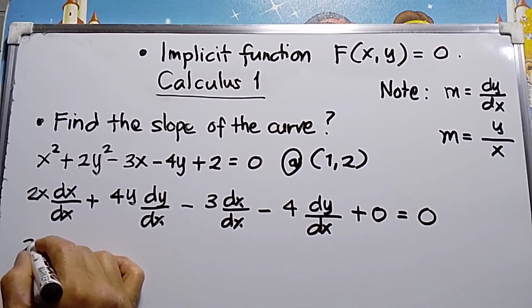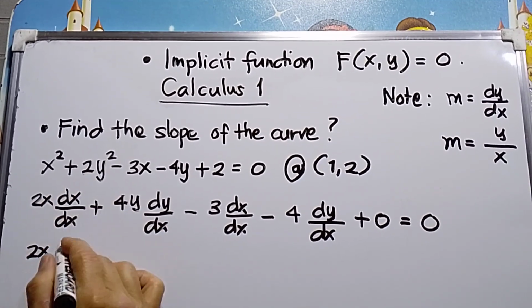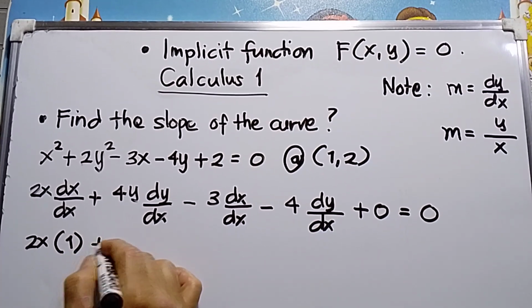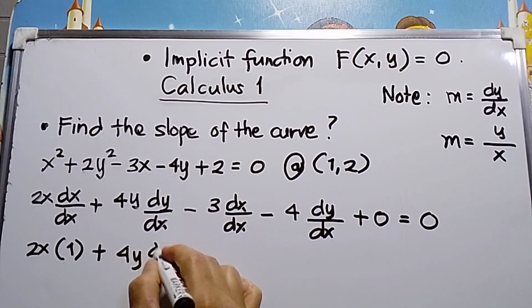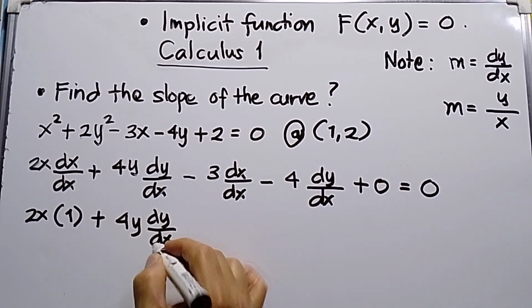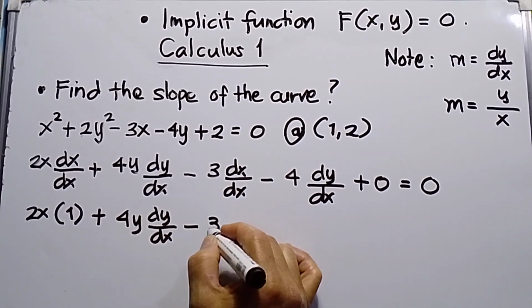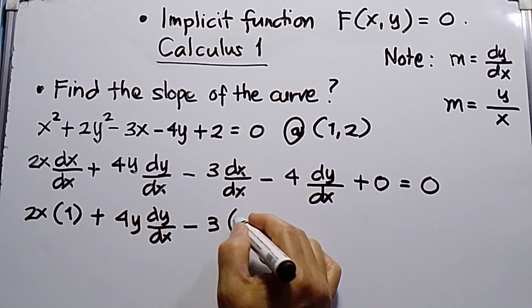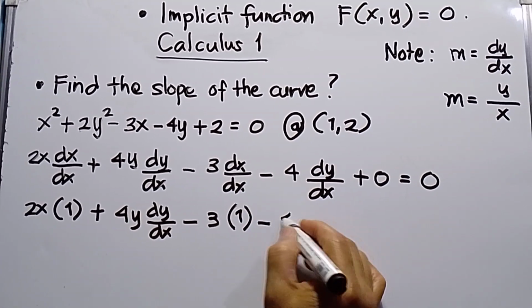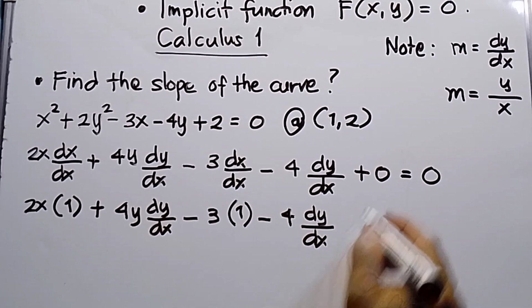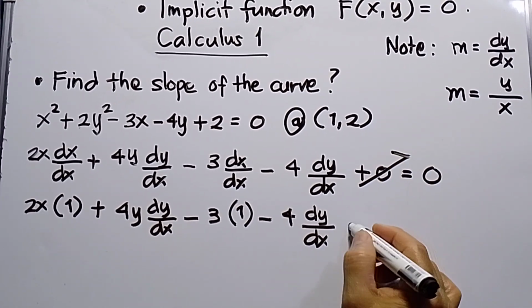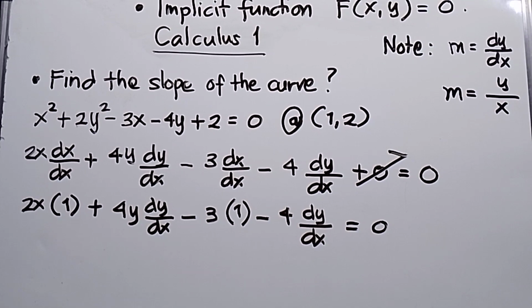So this will be 2x dx over dx, that will be 1, plus 4y dy over dx. Then minus 3 dx over dx is 1, minus 4 dy over dx. So this will be deleted and equal to 0.